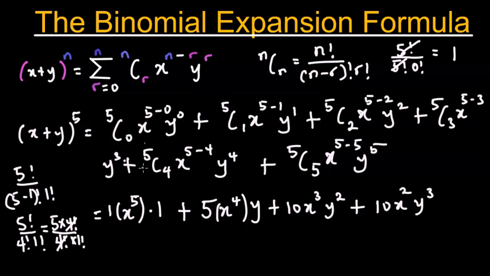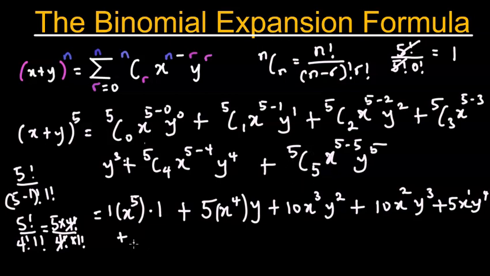Then I have plus 5 combination 4. I type that in my calculator and I have 5, multiplied by x to the power of 5 minus 4, which is 1, then y to the power of 4. Plus 5 combination 5, typing that in, that will be 1.